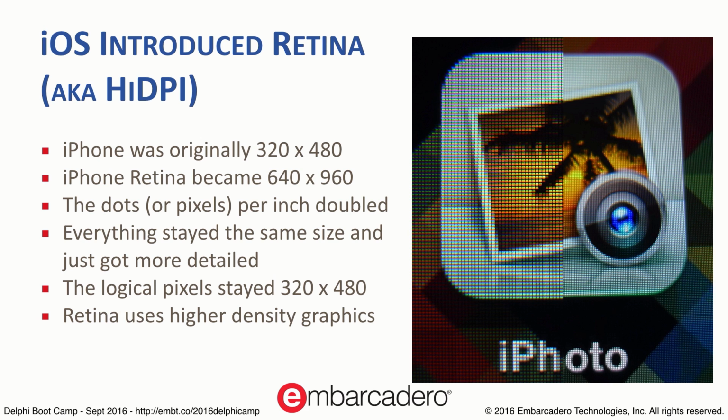So what happened is we had a separation between the physical pixels and the logical pixels. The physical pixels doubled, or quadrupled actually, since it doubled on the horizontal and the vertical. But the logical pixels stayed the same, 320 by 480. So Retina uses higher density graphics. Now, later on, they actually changed the iPhone resolution because they made it longer, but that's beside the point. Right now, we're just talking about the concept of high DPI.